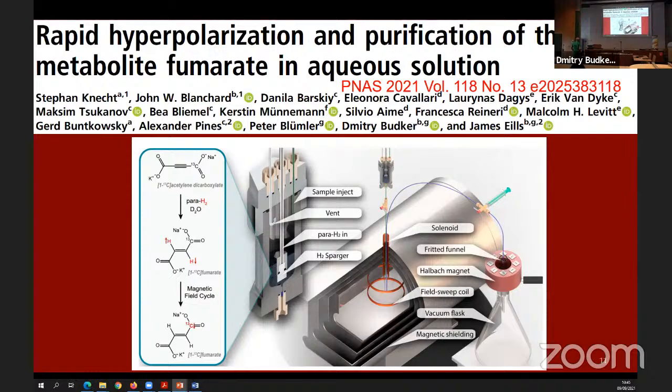Okay, so this is about NMR now of biologically relevant molecules, and in particular molecules that you might want to inject in a patient for some kind of diagnostics, and maybe diagnostics combined with treatment sometimes. And we want to have these molecules highly polarized.